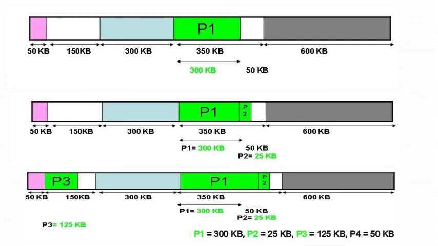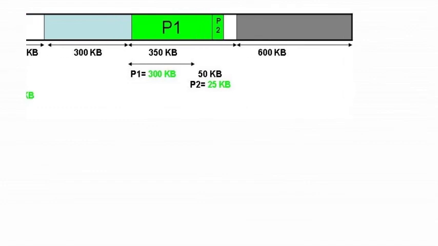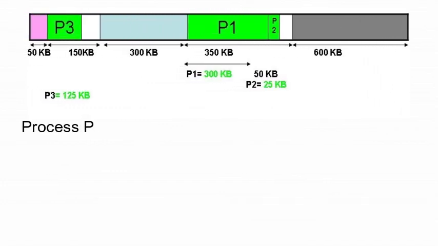P4 has 50 kilobyte. In the given figure there is no free space for storing P4. So process P4 cannot be allotted memory.